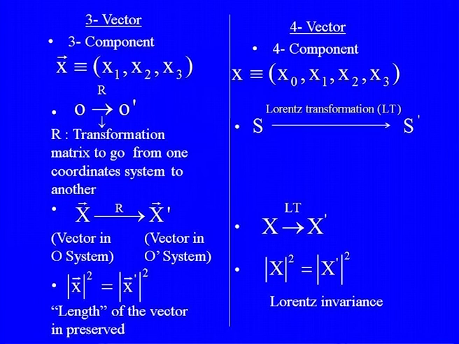It is the same transformation matrix which will do the transformation. The transformation matrix which is transforming coordinate system O to O prime is the same transformation matrix which will transform x to x prime. So, that is a vector.